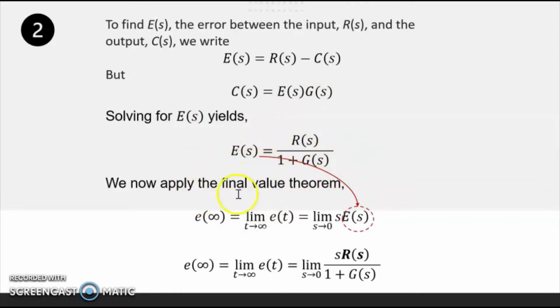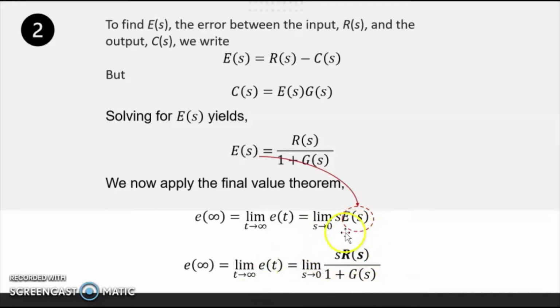So now we apply the final value theorem. Again, we want t to approach infinity, which is the same as s approaching 0. So you just need to substitute into this equation, and once you substitute, you will get this equation.